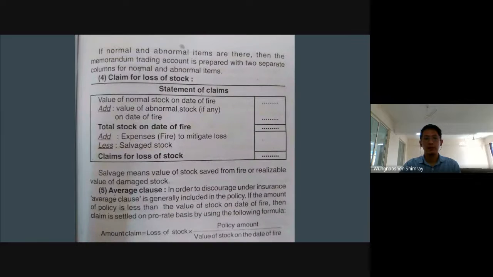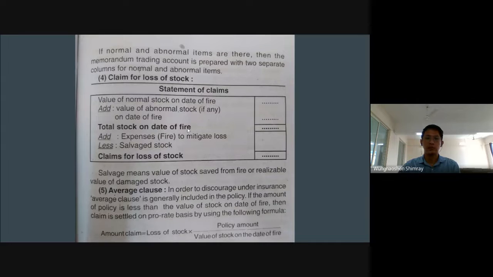Now next we have the claim for loss of stock. Here, if any abnormal stock is there, then it is mentioned here. If any of the stock is affected by the fire, then you have that. So this is the statement of claims: value of normal stock on date of fire, and if any of those are affected by fire, it becomes the normal stock, and that is mentioned here.